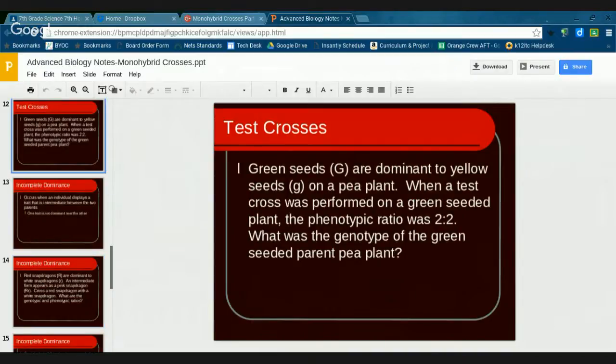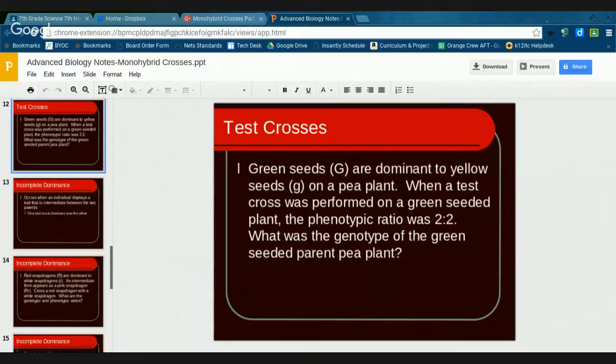All right, here's another one. Green seeds are dominant to yellow seeds on a pea plant. When a test cross was performed on a green-seeded plant, the phenotypic ratio was 2 to 2. What was the genotype of the green-seeded parent plant? Since you're doing a test cross, you know you're crossing the unknown parent with a homozygous recessive plant.